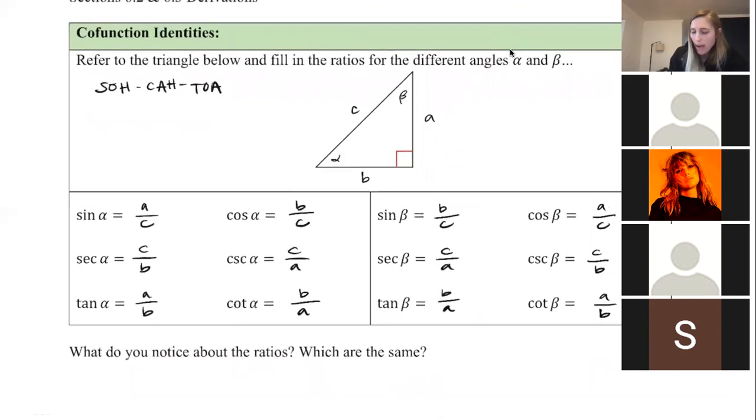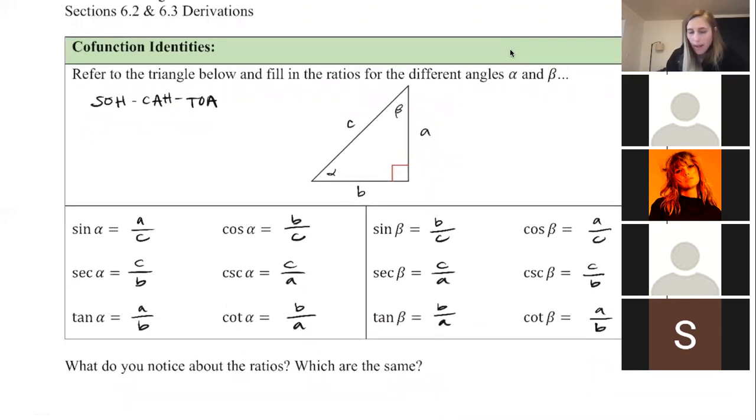Does anyone have any questions about any of those, how I got any of those ratios? Can you guys check my work and make sure they are all true? And then the question that I have below, what do you notice about the ratios? Which are the same?